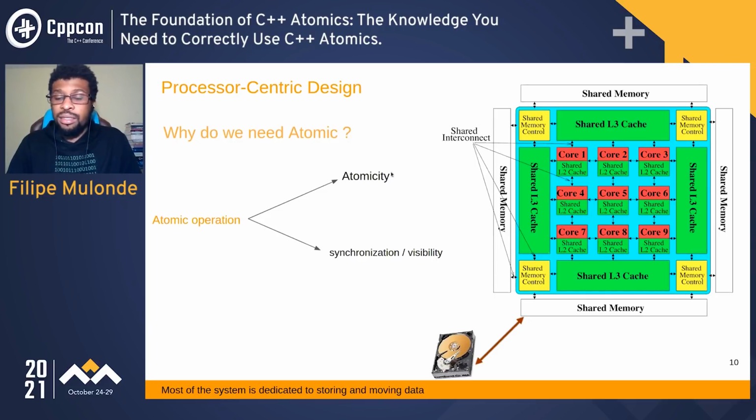With atomicity, we want to ensure that only one core is operating on a particular memory location at a given time, and the other cores cannot see this operation partially done. And we also need synchronization or visibility to ensure that the result of the computation of cores is visible to other cores when needed.